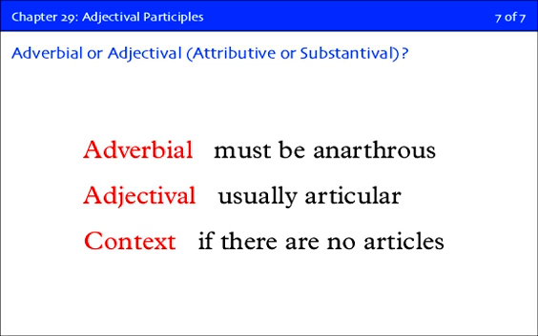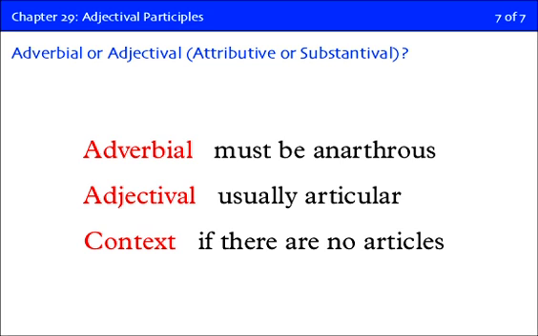And you have to ask yourself, is this adverbial or is it adjectival? What are the clues to help you know which is which? Well, one of the biggest clues is the article. An adverbial participle must be anarthrous. So if you see a participle and it does not have an article, it probably is adverbial.